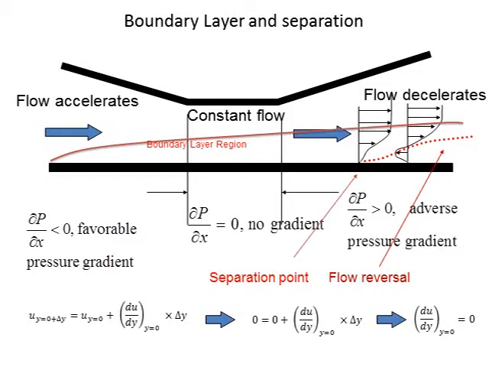In the favorable case, u at y equals 0 plus Δy: u = u(y=0) + (∂u/∂y) at y=0 times Δy. This implies that ∂u/∂y at y equal to 0 is 0.